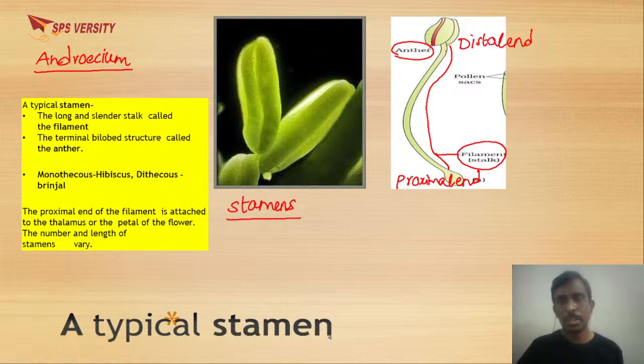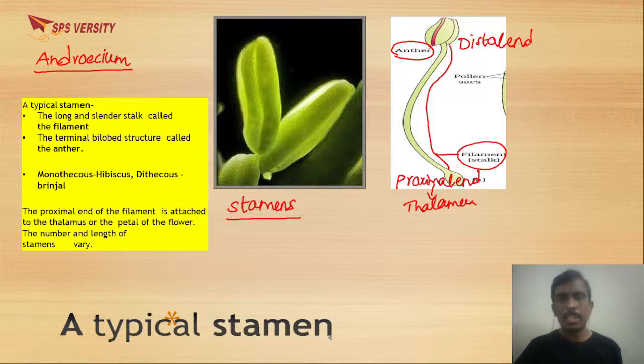This part is the distal end of the filament, and this part is the proximal end of the filament. The proximal end of the filament attaches to the thalamus, and to the distal end the anther is attached. Here, what you are seeing is the anther.